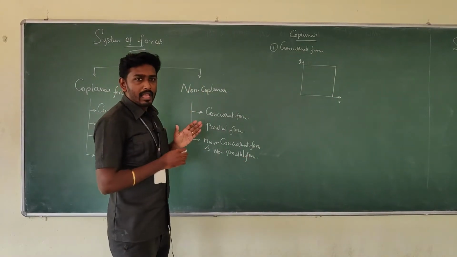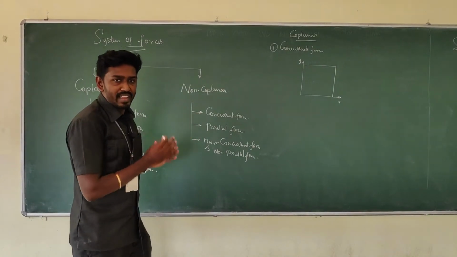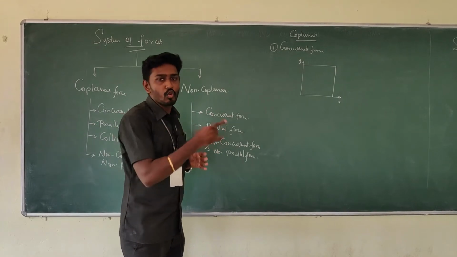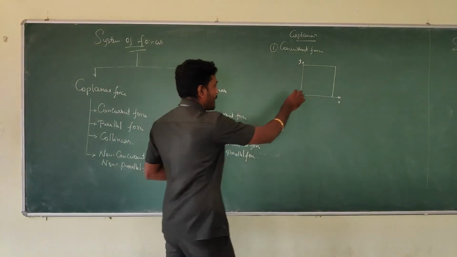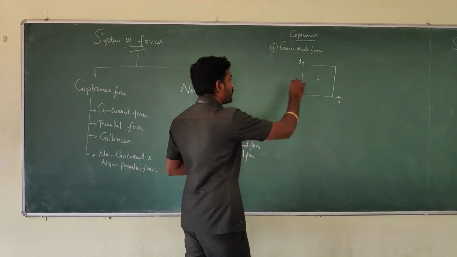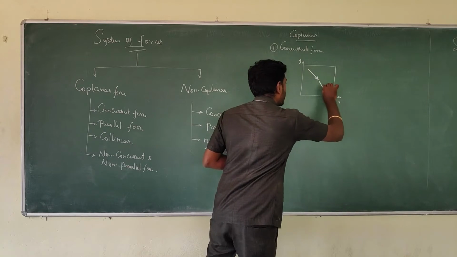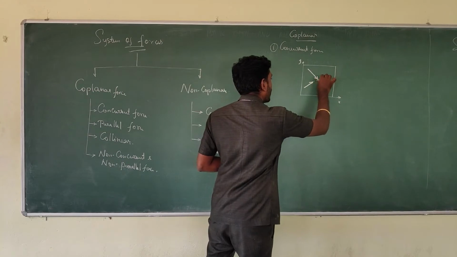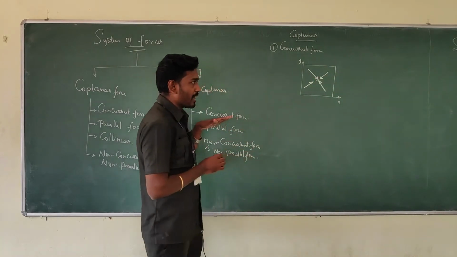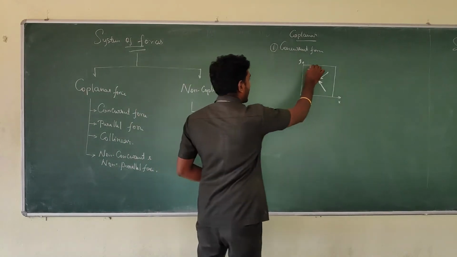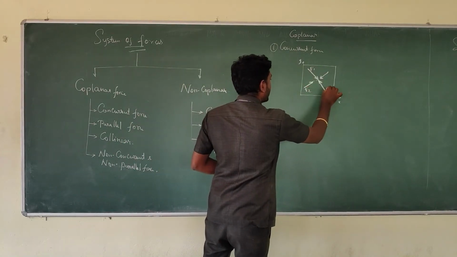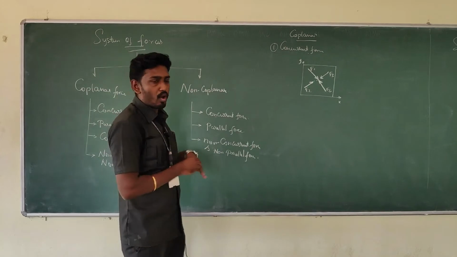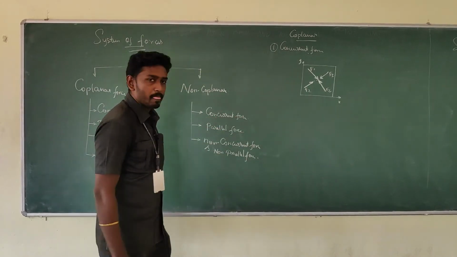Here I can say a set of various external forces whose lines of action pass through a point. That means if I consider a point, all the forces in the system act on that point, or their lines of action pass through that point. This kind of force system we call concurrent force.